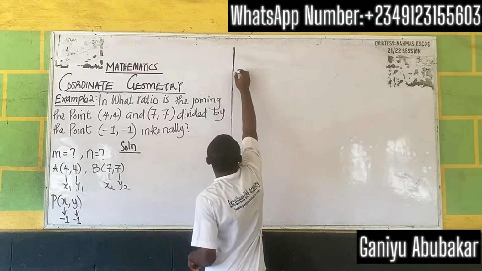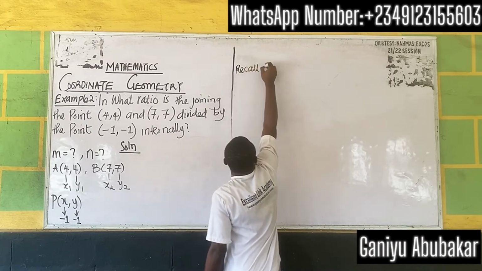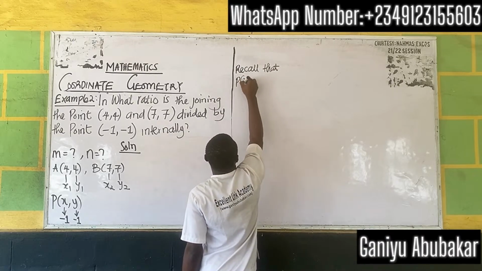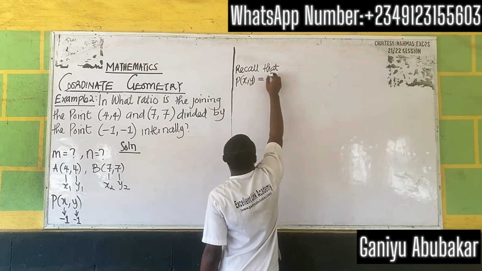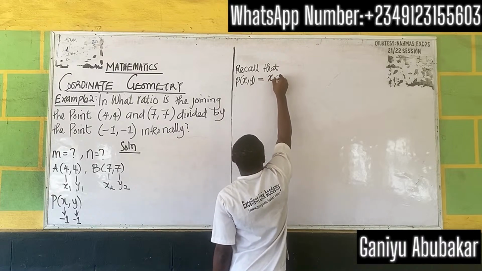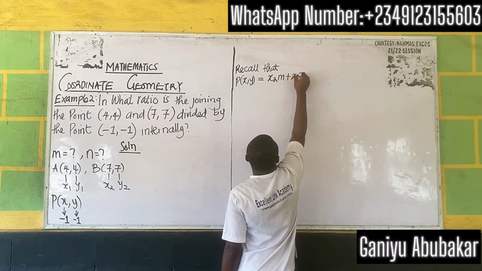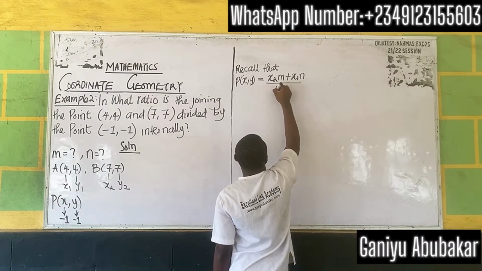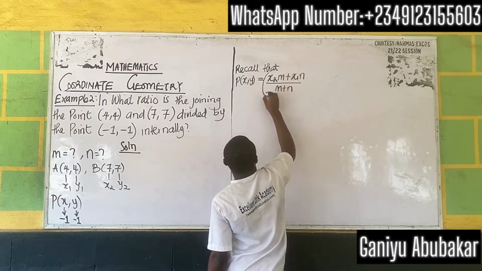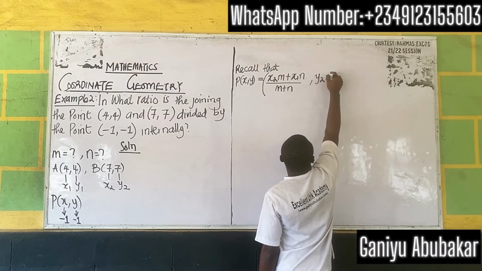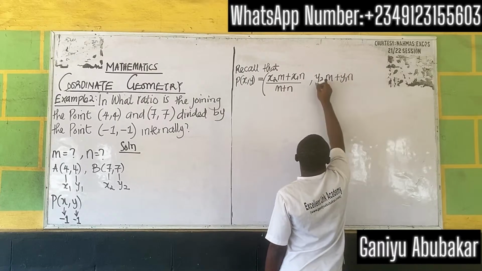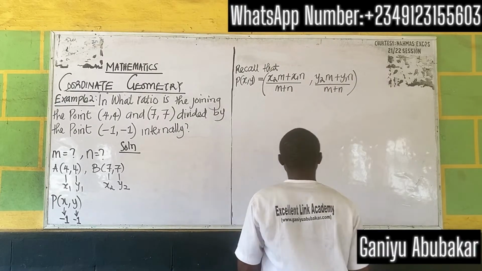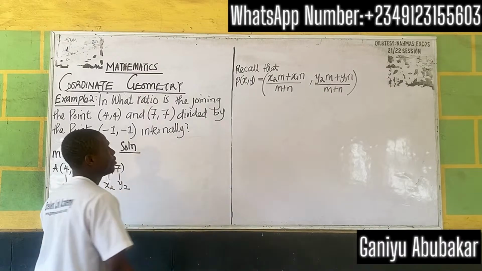Recall that from the internal division formula, P of x comma y is equal to (x2m plus x1n) all over (m plus n), comma, (y2m plus y1n) all over (m plus n). This is the formula for internal.